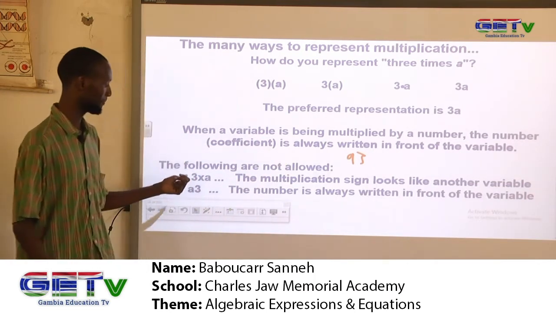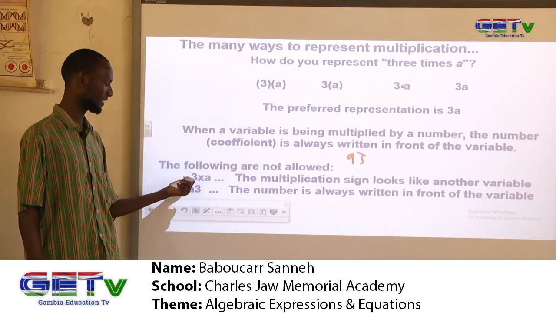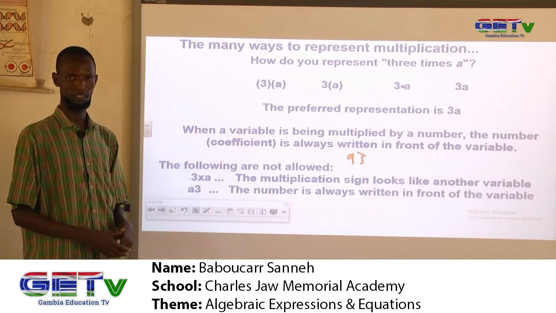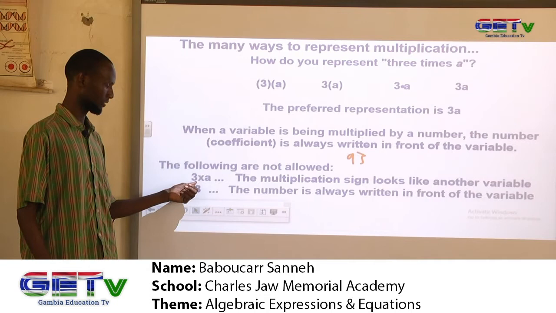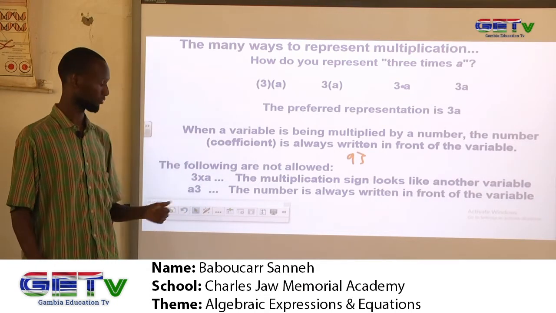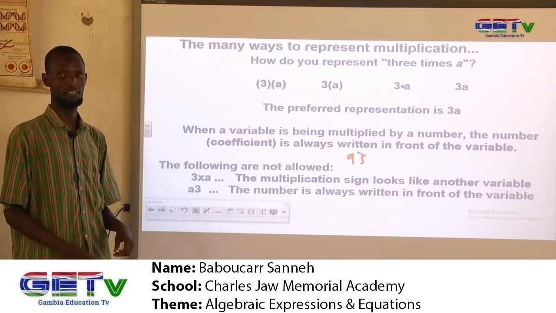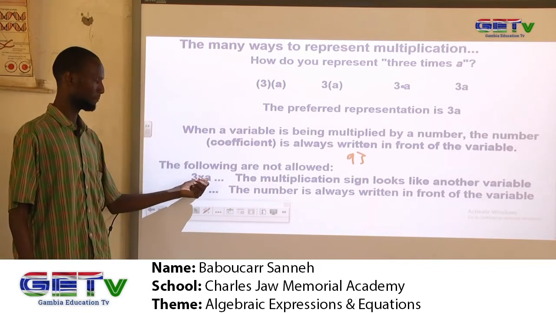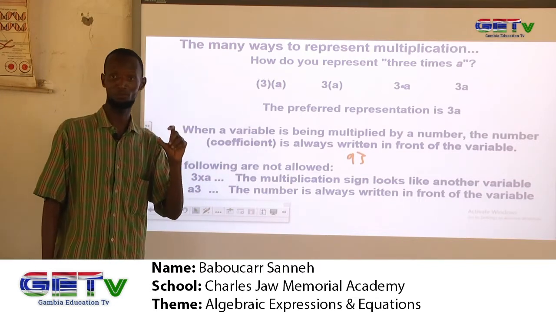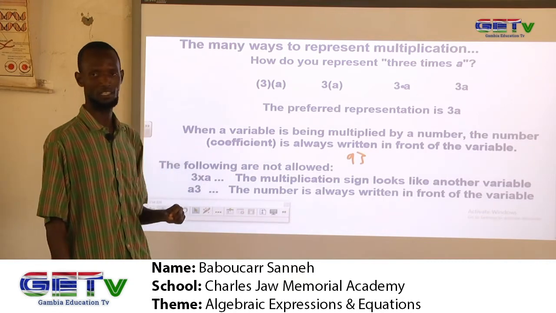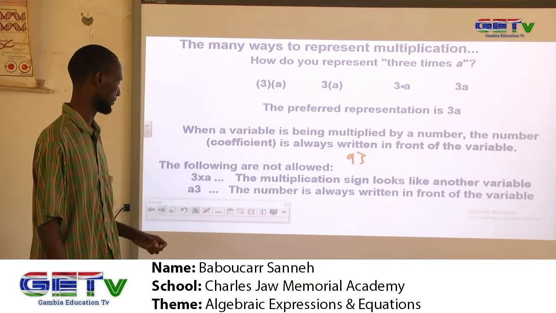Now that is important. You write 3 times a like that, and your multiplication looks like an x. Somebody marking this could mistake this for 3xa. So make sure that your variable does not resemble an operation to avoid confusion.